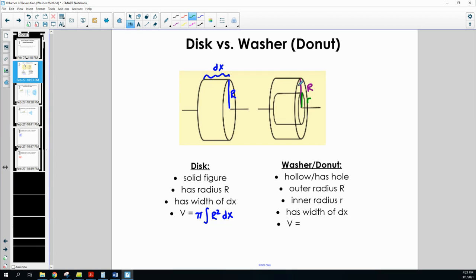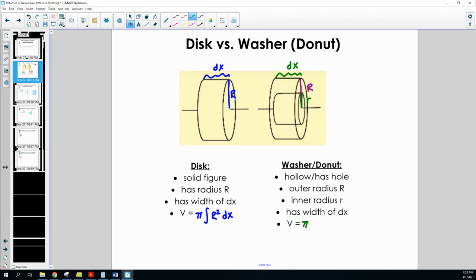So there are really two functions going on here, and there's going to be a hole in the middle of it. If you think about it like a donut, there's a hole in the middle. We have, again, the width of dx, which is similar to the disk method. So when we're writing our volume to find the volume of this whole hollow section, the cross sections again are circles, but in this case, there's a hole in the middle.